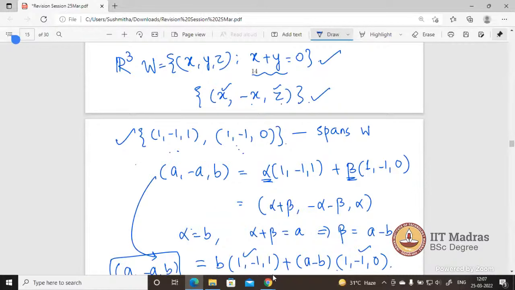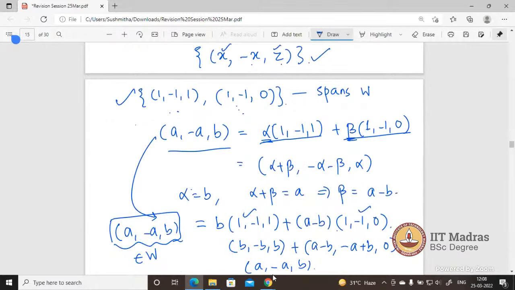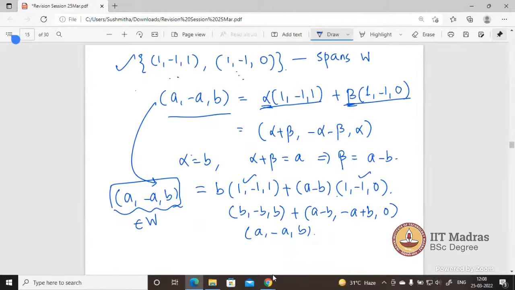I take any vector in W, it looks like (A, -A, B). I'm trying to write it as a linear combination of these two vectors. Once I find alpha and beta, I'm done, right? I'm simplifying: alpha plus beta, minus alpha minus beta, alpha. Then I equate and find alpha and beta. Alpha is B, beta is A minus B.